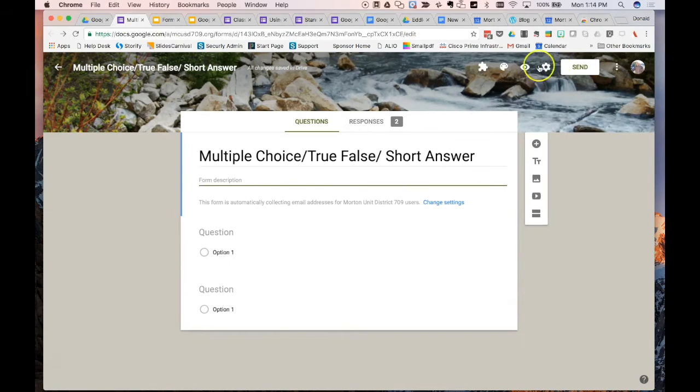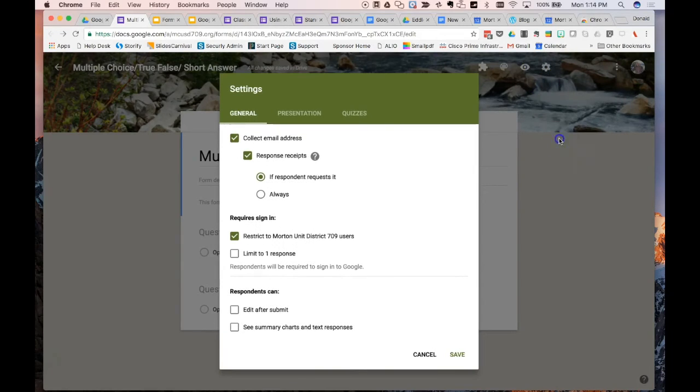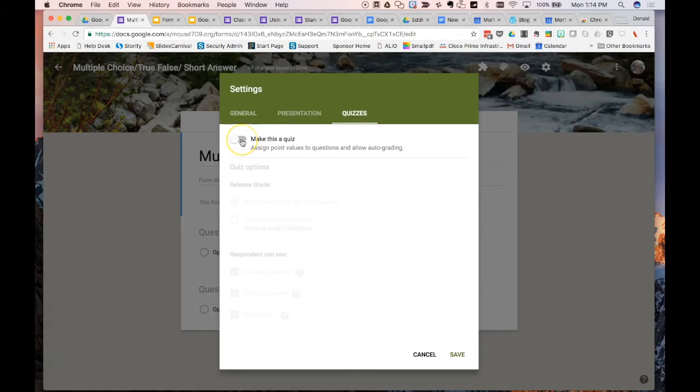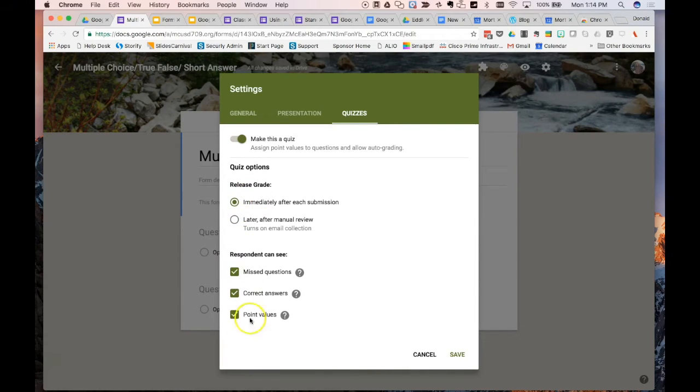If you do that, if you go to settings, then you can have it be a quiz. And by quiz, that's where you will pick the answer for each one of them. You have some decisions to make about what you want them to see and when you want them to see it. If you do this as a formative assessment, immediately after each submission is a good thing because it lets students know, oh, okay, I got that one wrong.